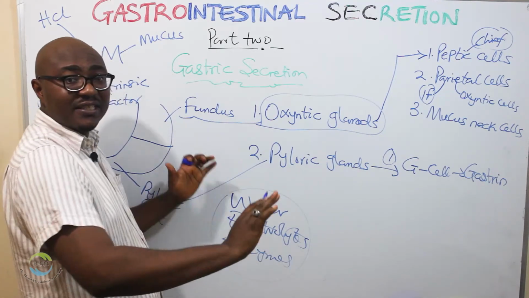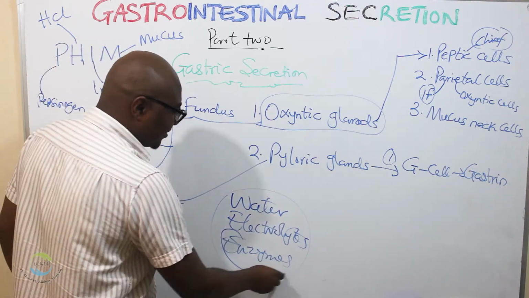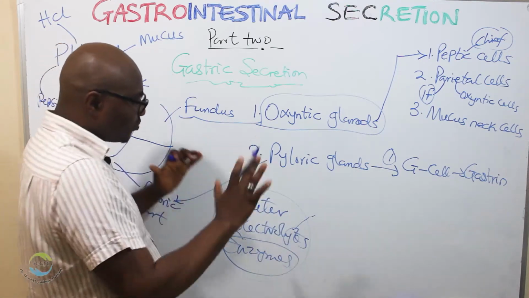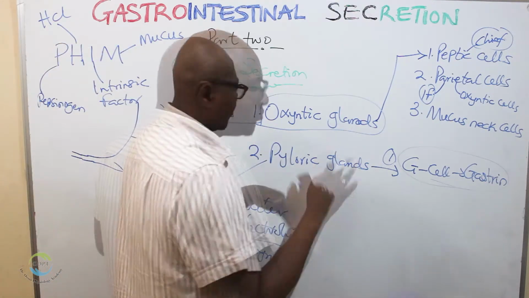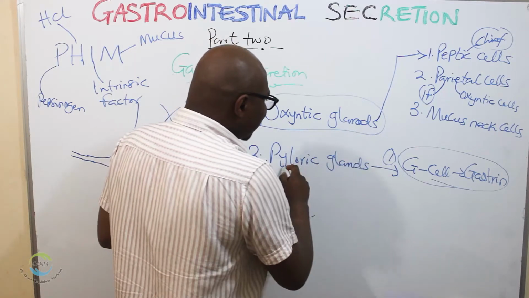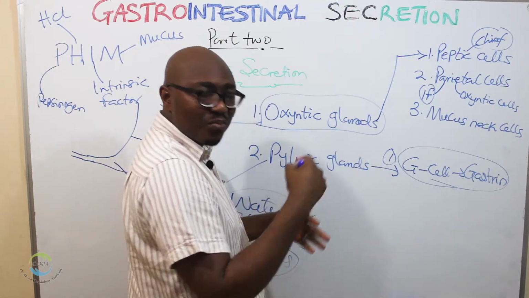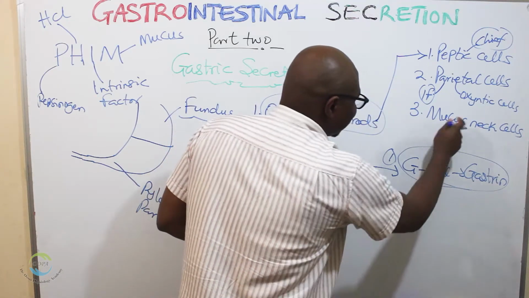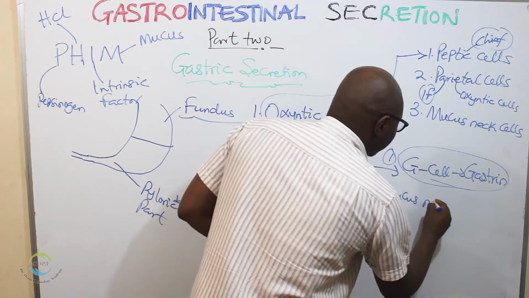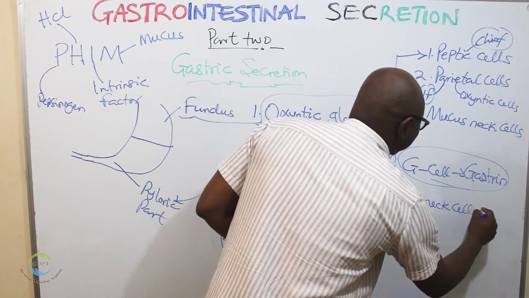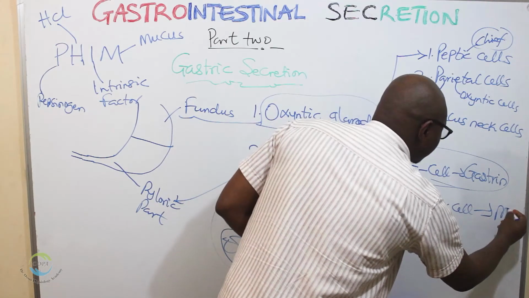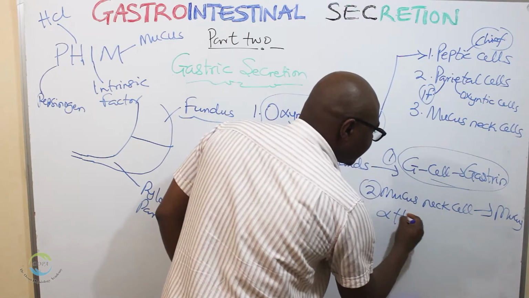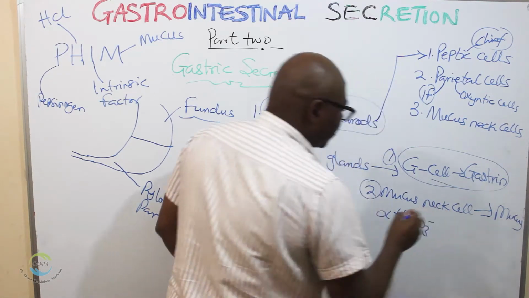What mainly differentiates them is these enzymes. The electrolytes are usually very similar, so we don't bother ourselves mostly with that. Then this pyloric gland also has mucous neck cells. It has mucus, just like this one. Mucous neck cells that secrete mucus and bicarbonate.